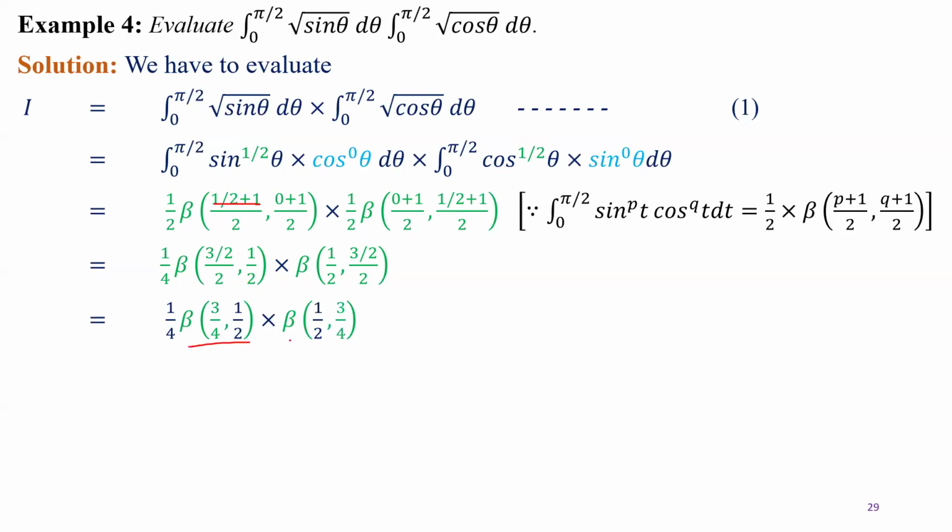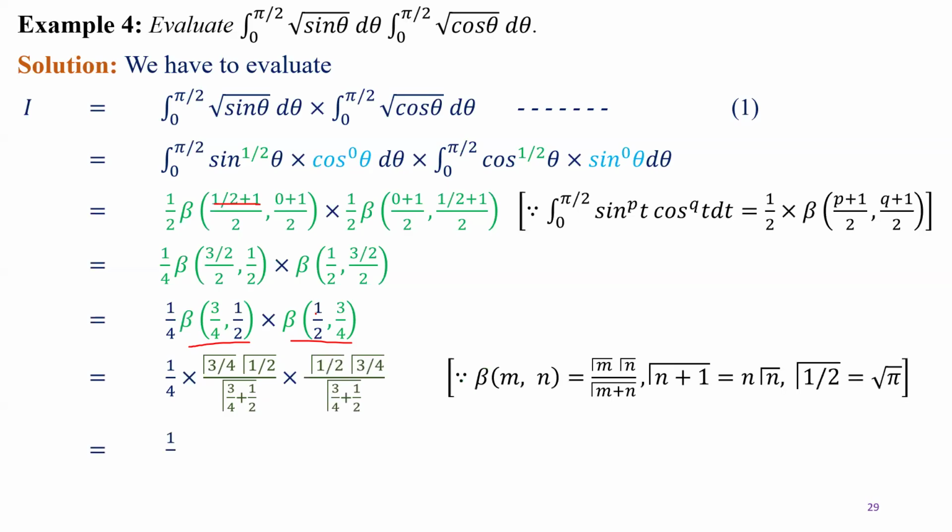Both the things are similar because we know that beta of m, n is equal to beta of n, m. So 1 by 4 gamma 3 by 4 gamma 1 by 2 divided by gamma 3 by 4 plus 1 by 2.